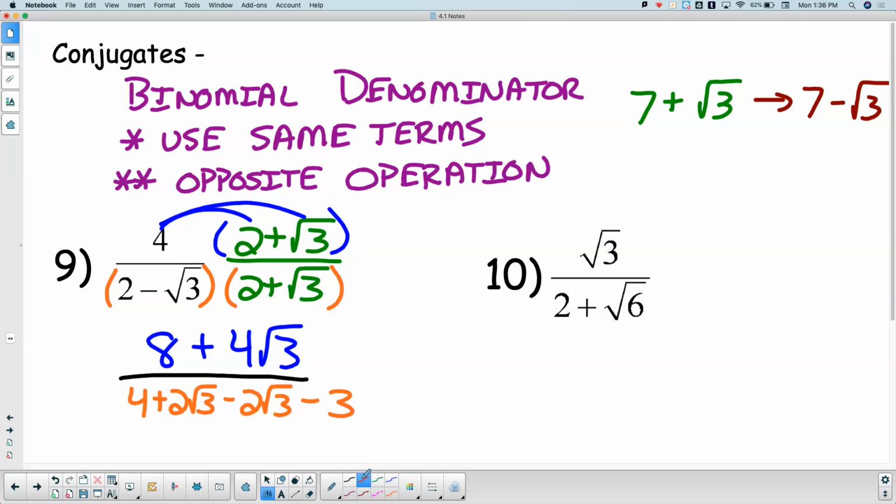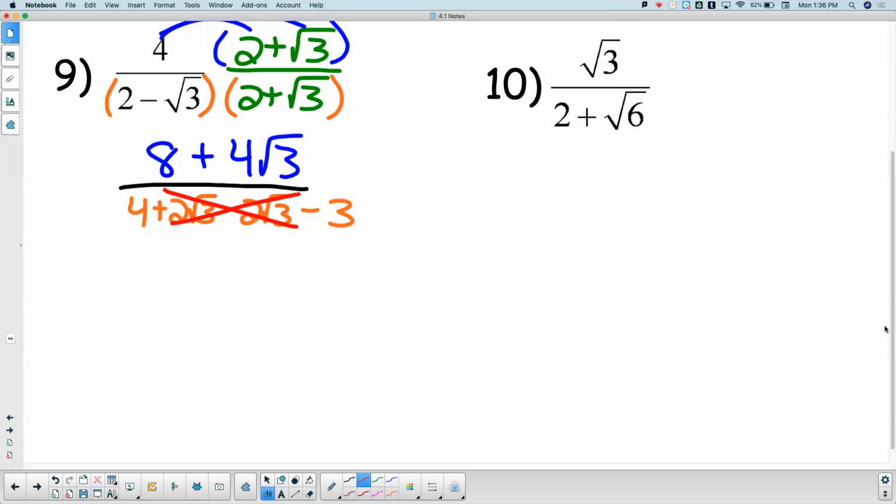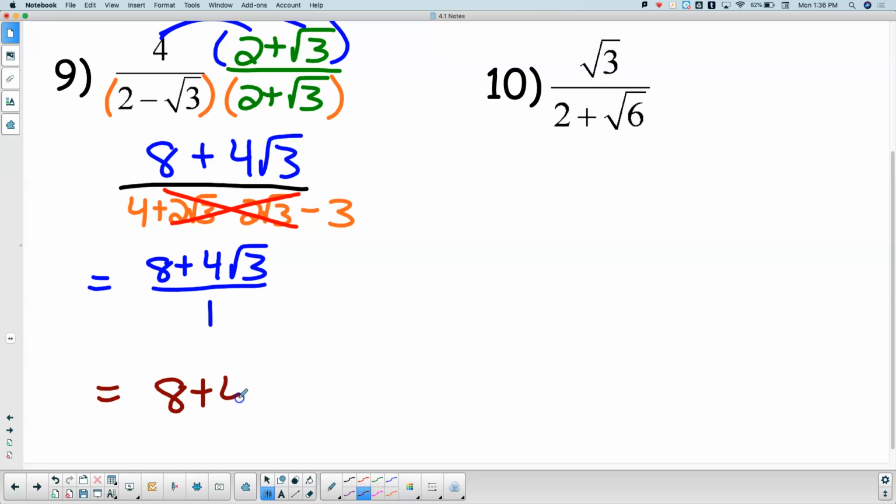When I simplify it, positive 2 square roots of 3 minus 2 square roots of 3, those both go away. 4 minus 3 is 1. So that I can just write as 8 plus 4 square roots of 3.